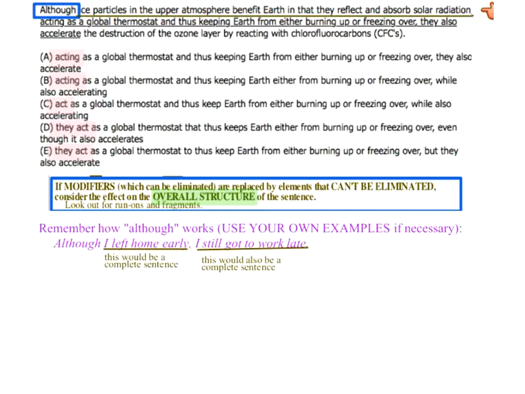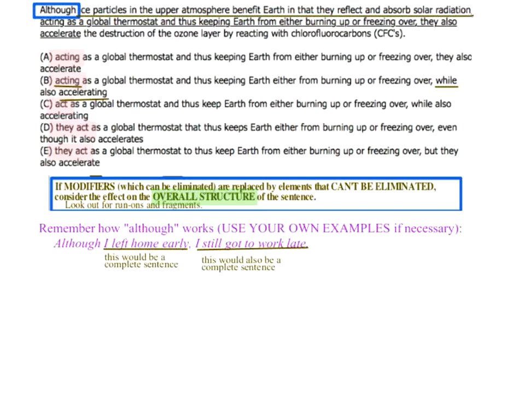So the problem with choice B, remember choice B was actually pretty popular. If you look at what's going on here, this is just a modifier. And "shows while also accelerating" is also a modifier. So you don't actually have anything that makes that a sentence in B, and so that's a fragment.